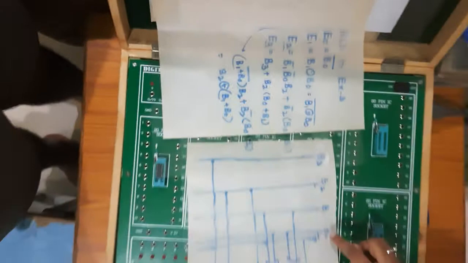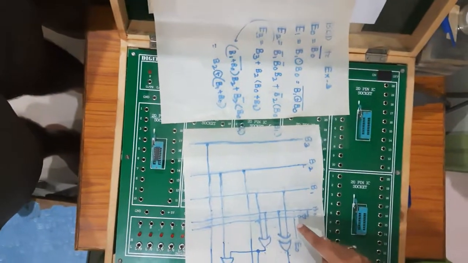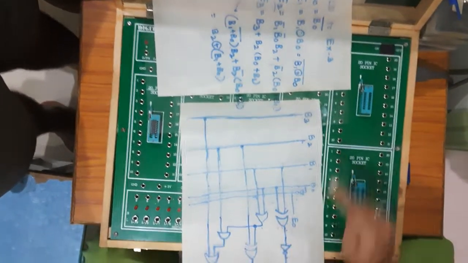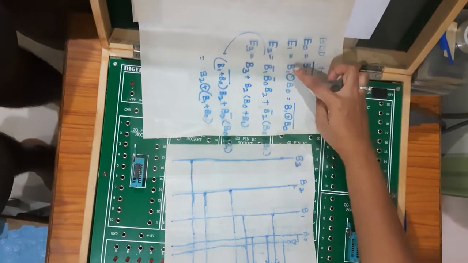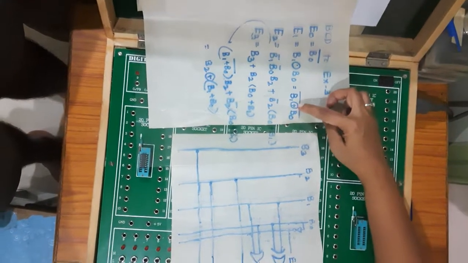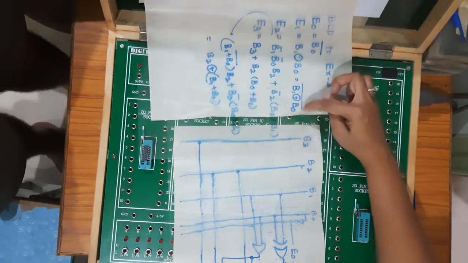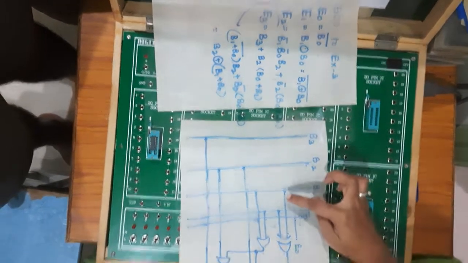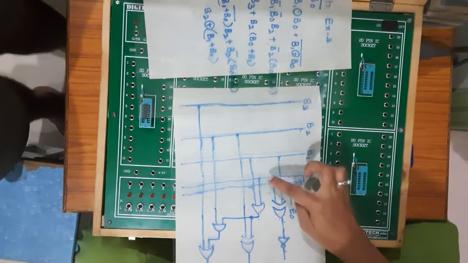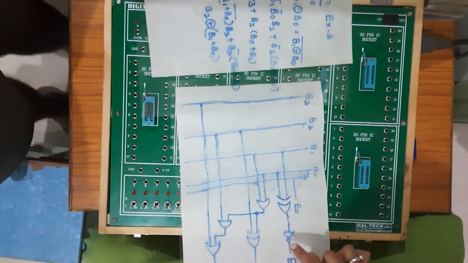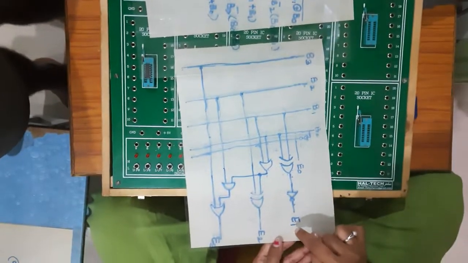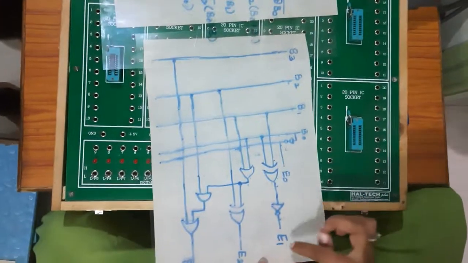So this is B0, this is connected to a NOT gate, and directly I can get E0. Even B1 XOR B0, actually it is B1 XNOR B0. So first of all I can get B1 XOR B0 and then connect to the NOT gate. So this is the B1 line, the B0 line connected to the XOR gate. So B1 XOR B0, then it is connected to the NOT gate. I will be getting B1 XNOR B0.